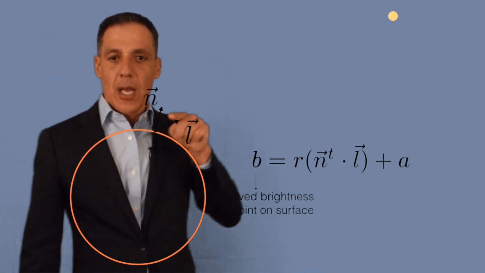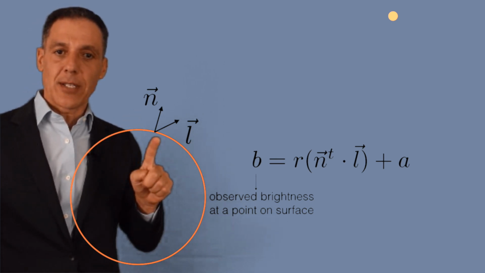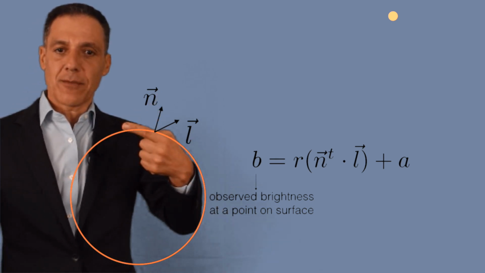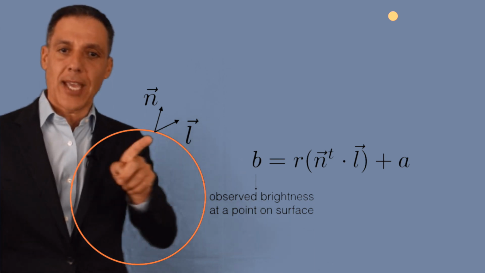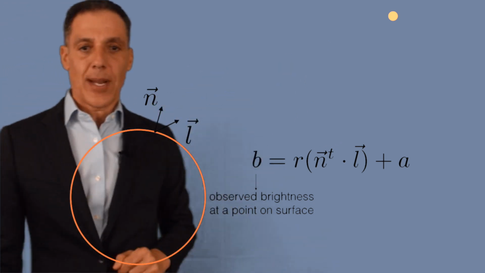Okay, so pick a point on that surface that I just constrained. I have a surface normal, which is the normal vector to the tangent, and I have another vector, these are both 2D vectors, to the light direction.